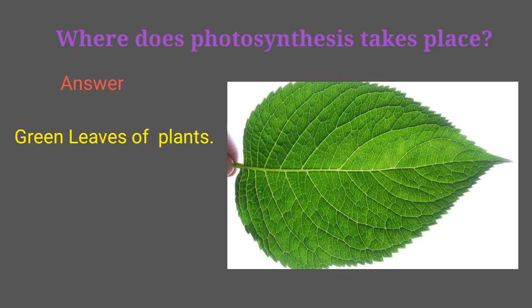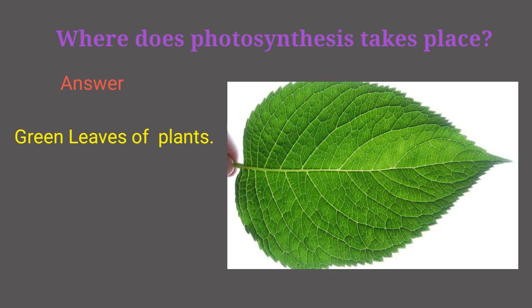When the plant body is young and tender, we can see the stem to be also green in color. At that point of time, the stem is also a site where photosynthesis takes place. But the main site of photosynthesis is always the green leaves.